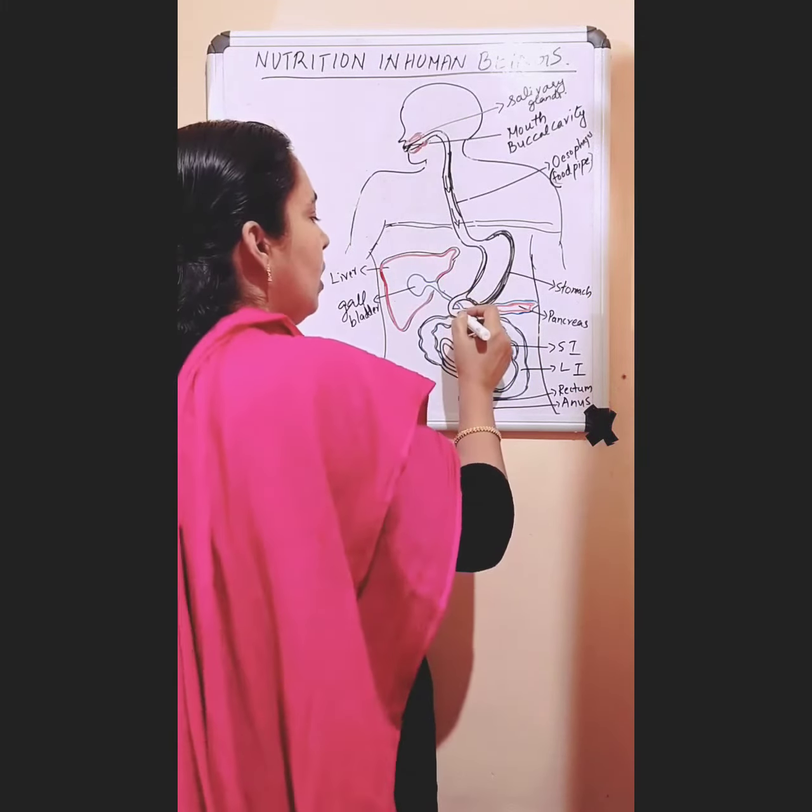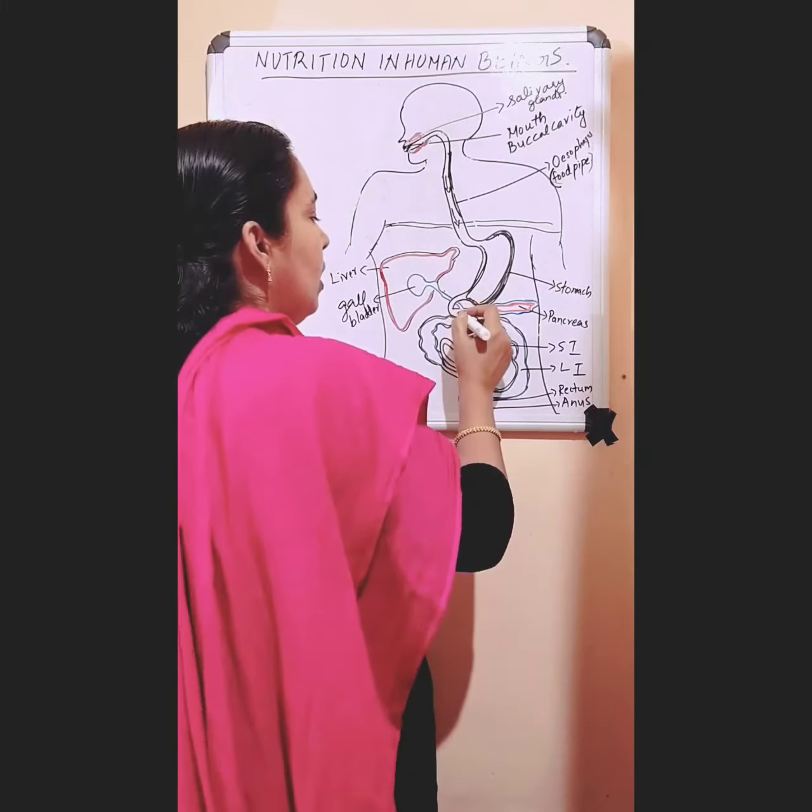So all the food is not digested, some part is undigested, and that undigested food material moves from the small intestine into the large intestine. And in the large intestine also some villi are present, and from this undigested food material, water is reabsorbed by the villi in the large intestine.